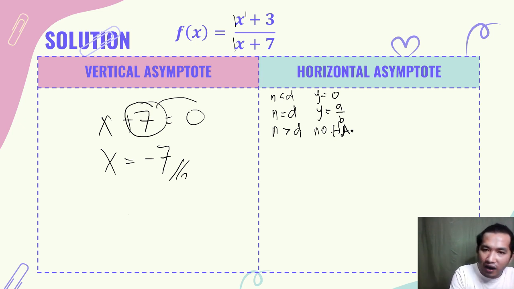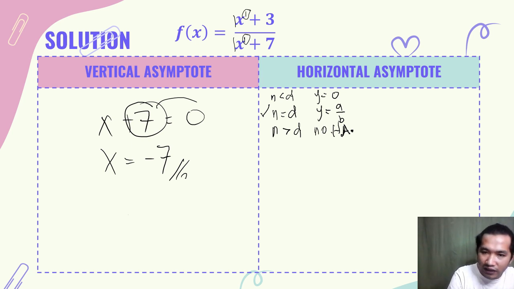So the degrees of our numerator and our denominator are equal. We will make use of the second condition.